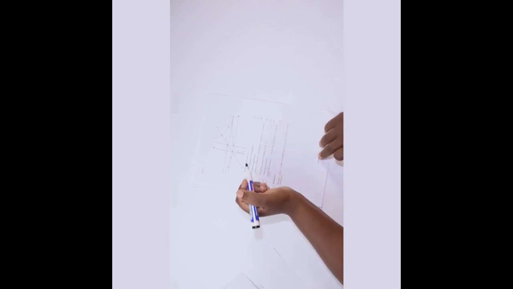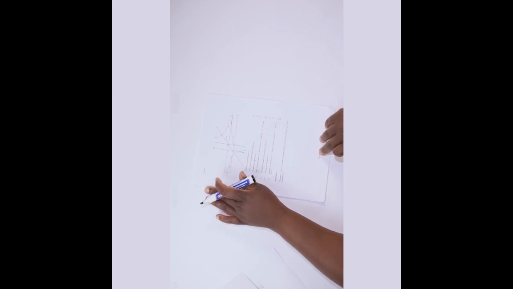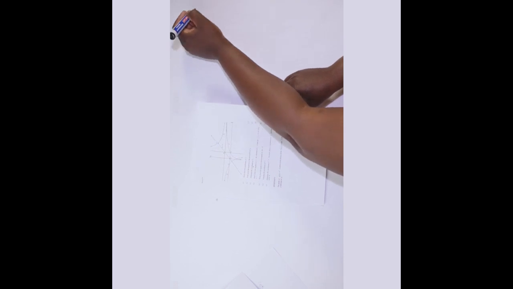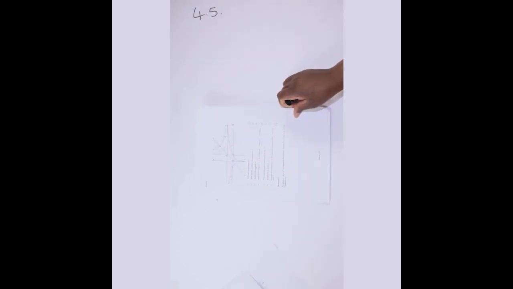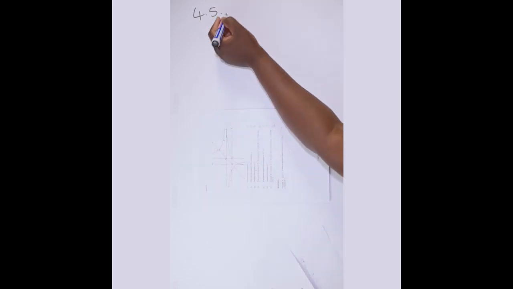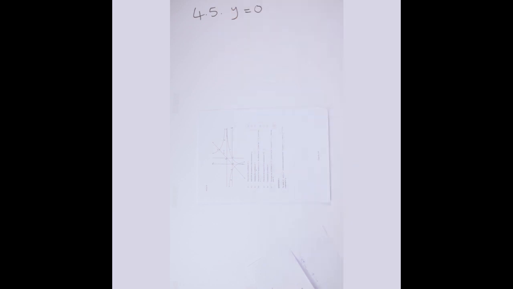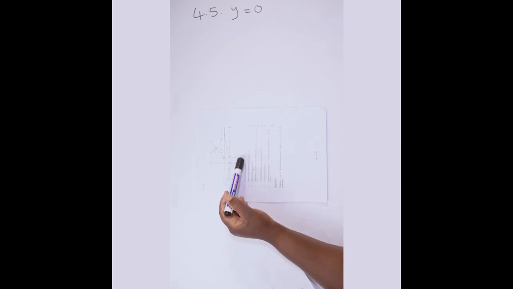So in 4.5 the asymptote therefore will be y equals 0. It is y equals 0 because we are dealing with x minus 3 and it does not really have another asymptote than that one.